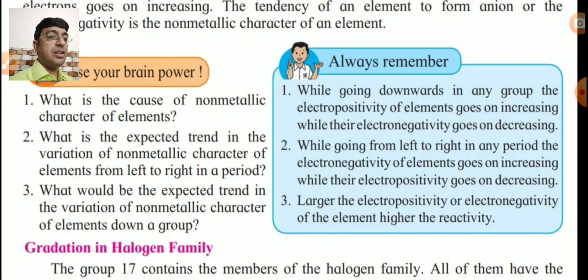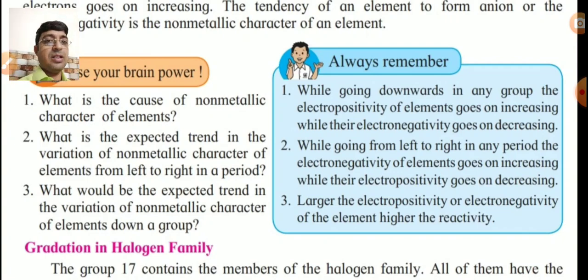Second, while going from left to right in any period, electronegativity of elements goes on increasing while their electropositivity goes on decreasing. Remember this second point. Third point, the larger the electropositivity or electronegativity of an element, the higher the reactivity.